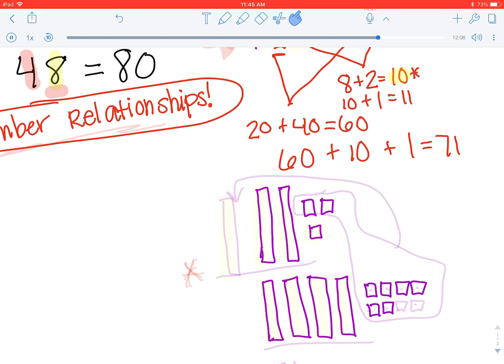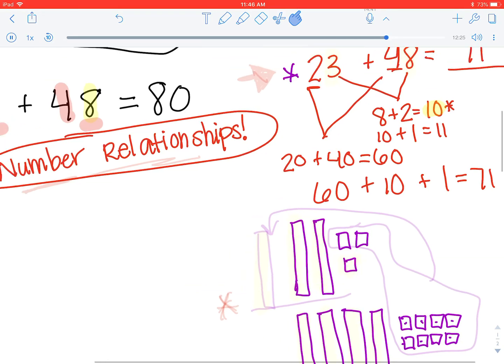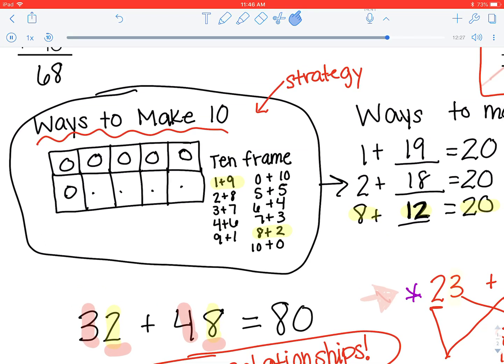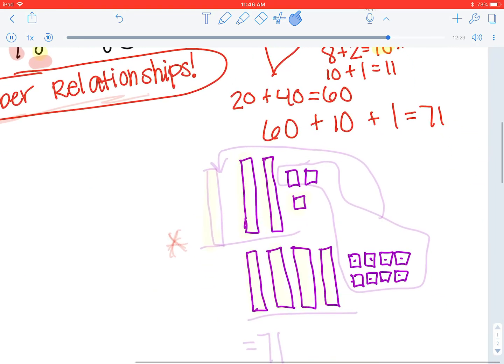But that would also tell me that they're not recognizing on their own, oh, I know 8 and 2 is 10. So if students are not able to do that and just come up with that on their own, that they have to still count these out, one by one, then they need to be going back to practicing their ways to make 10 and memorizing those and remembering those, so that this still would be a quick concept.